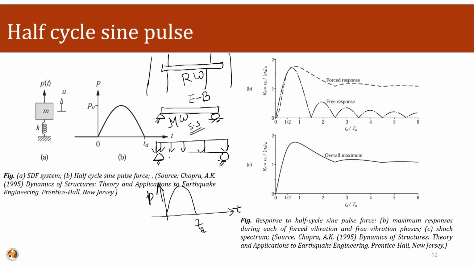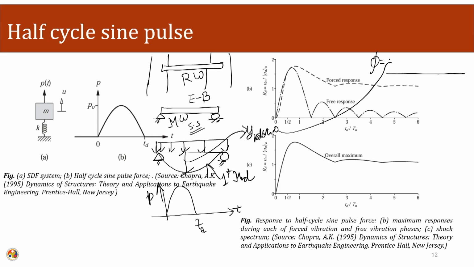Since this is my spatial distribution of the loading, we are taking the first mode, assuming the first mode is contributing the maximum. This is the first mode contribution, and for the degree of freedom we are choosing the vertical displacement y at the center. From there we make our shape function.